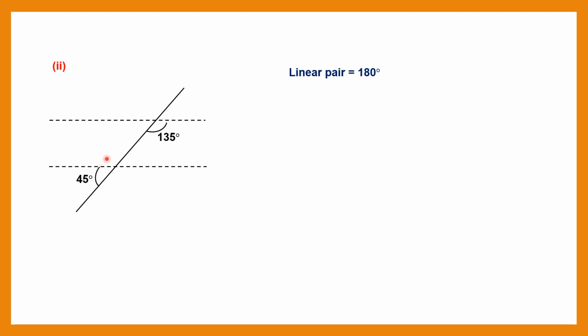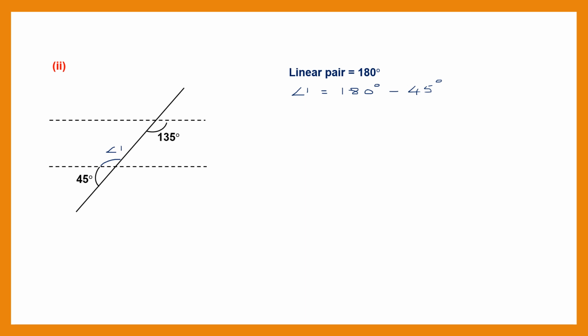So that means let me find this angle. I have 45. Let's name this angle 1. So angle 1, to find angle 1, since they are a linear pair of angles, I have to say 180 degrees minus 45 degrees. Together they should give me 135.